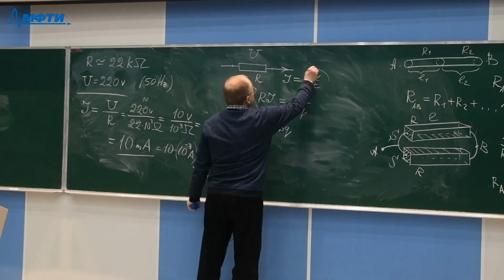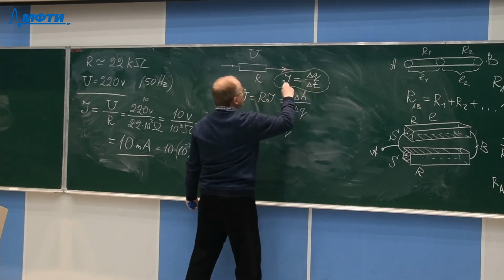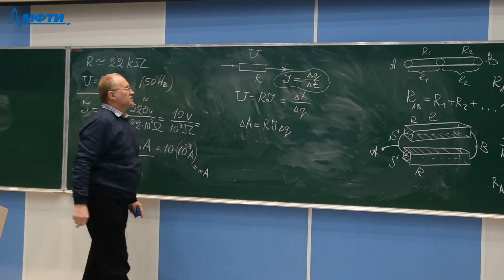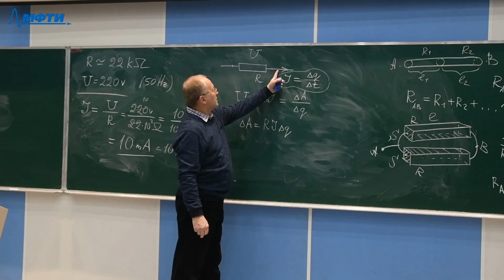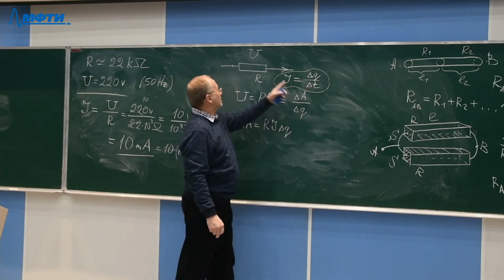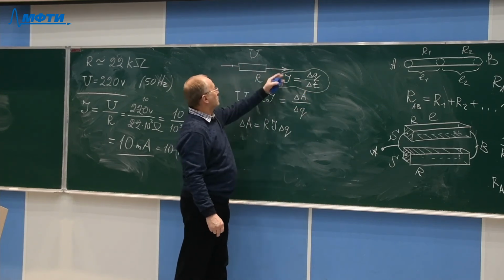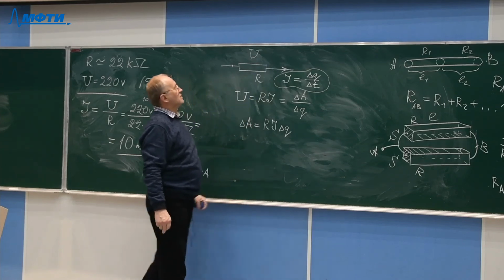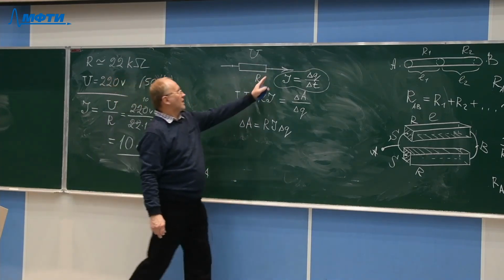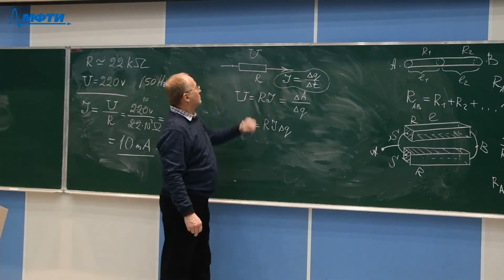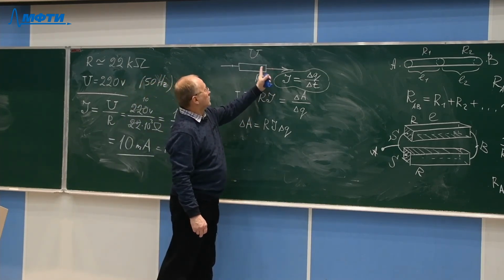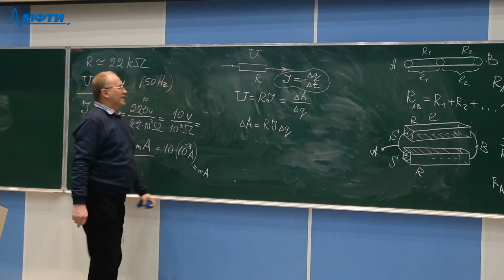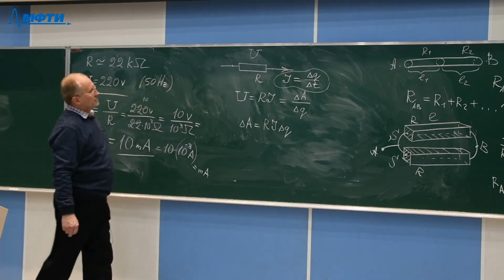This is actually the definition of what the electric current is: the amount of charge which flows divided by the time period during which this charge crossed a certain point in this wire.